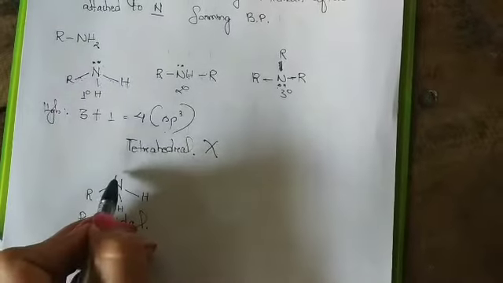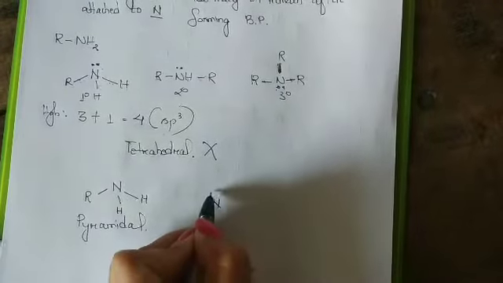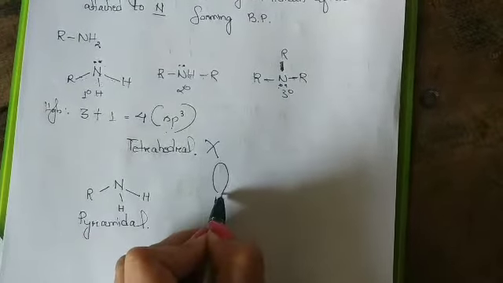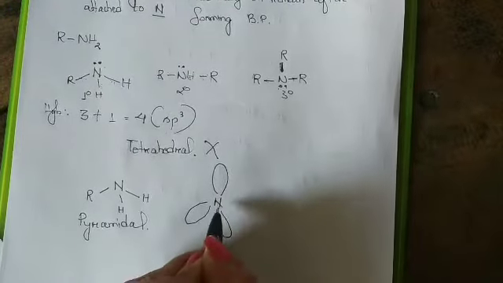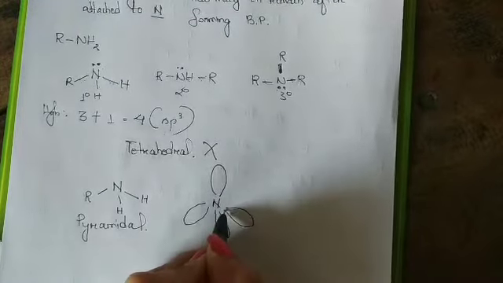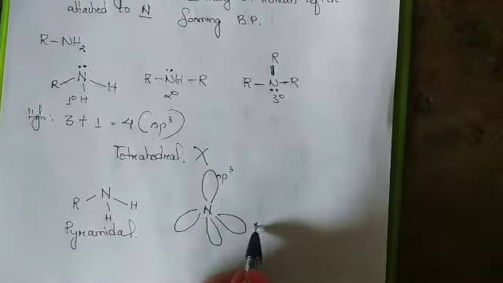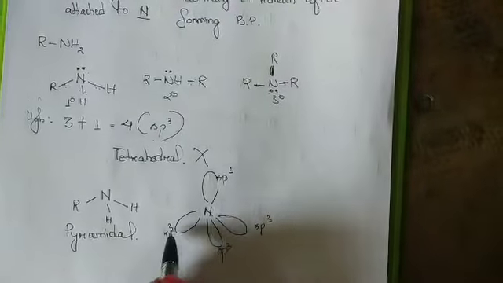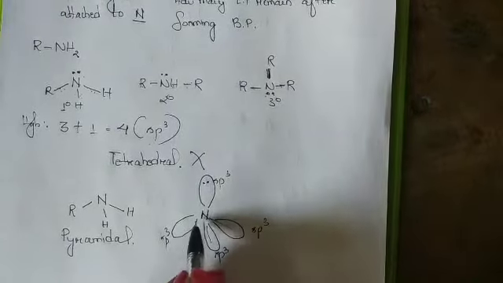Now we have the ammonia molecule. According to hybridization, nitrogen has 4 sp3 hybridized orbitals, arranged in a tetrahedral manner. The lone pair occupies this position, and the 3 bonds are here.